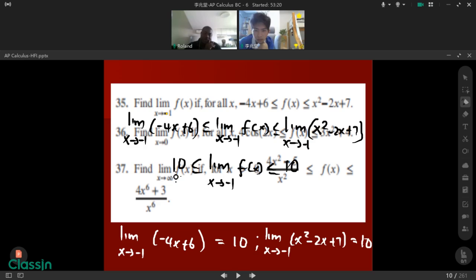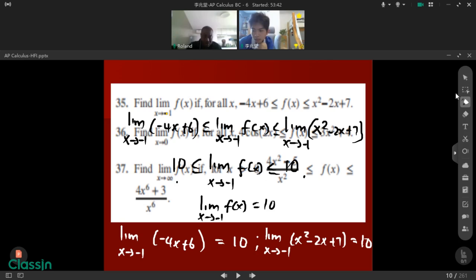So since the lower part and the upper part are equal, we can conclude that the limit as x approaches -1 of f of x is 10. Now, in some situation where the left-hand side and the right-hand side are not equal, then the limit does not exist.